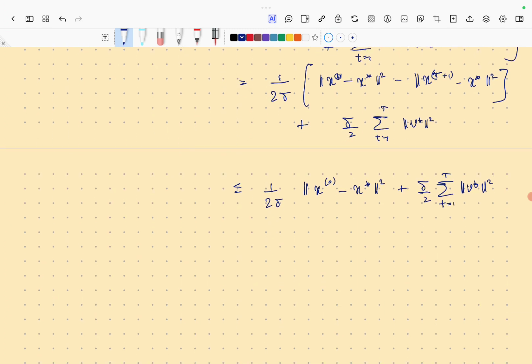And this is exactly what we claimed. Basically it is 1 by 2 delta norm x0 minus x star squared plus delta by 2 summation t equal to 1 to capital T gradient f of xt squared.